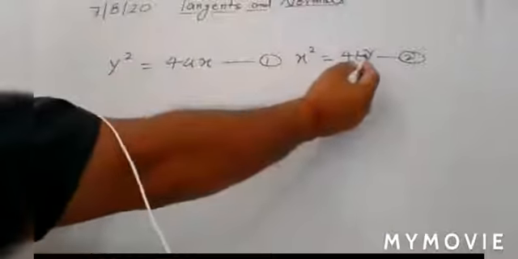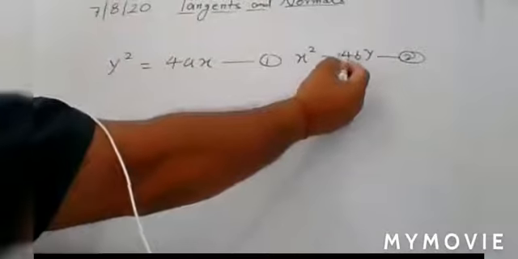Here you have to find the angle between the two given parabolas at their point of intersection other than origin. So first of all, you find the point of intersection. What you do here is take the value of x from the second equation and put it in the first equation.